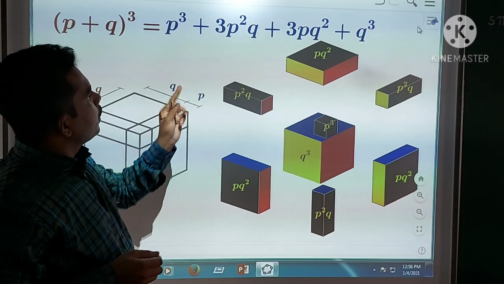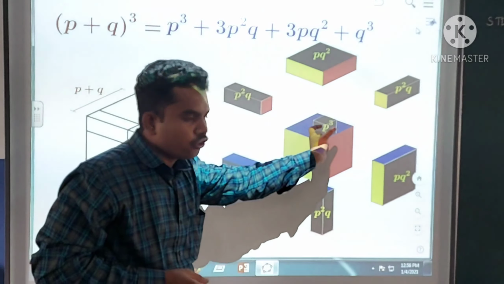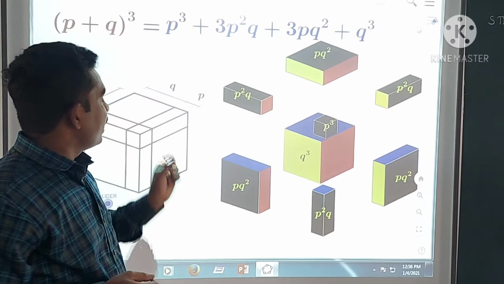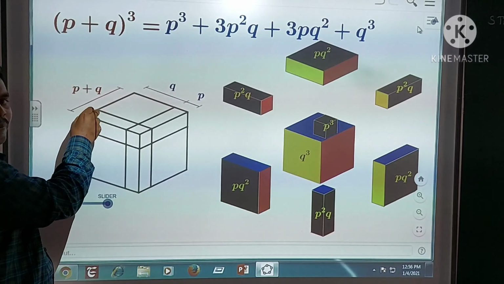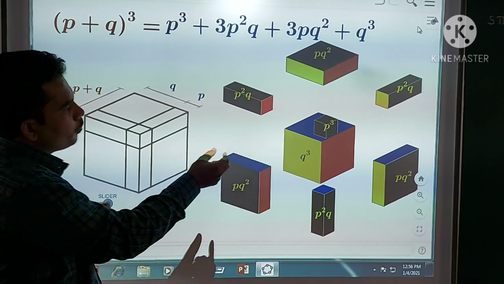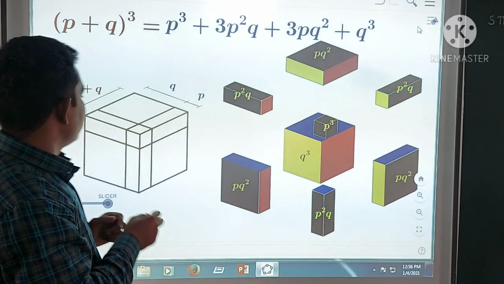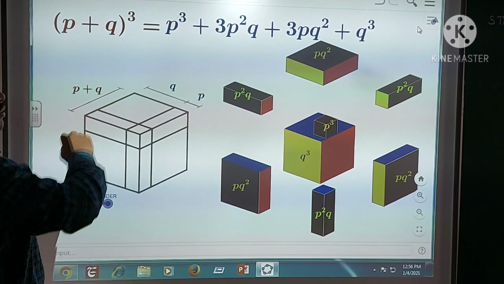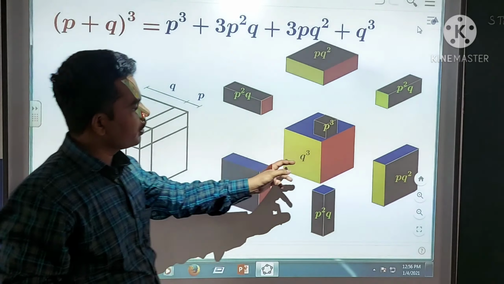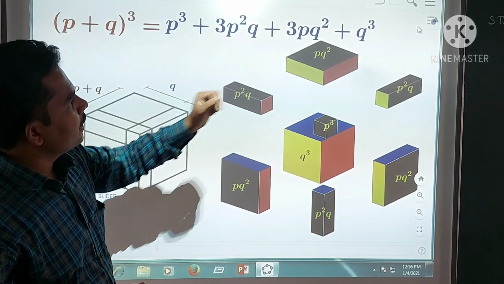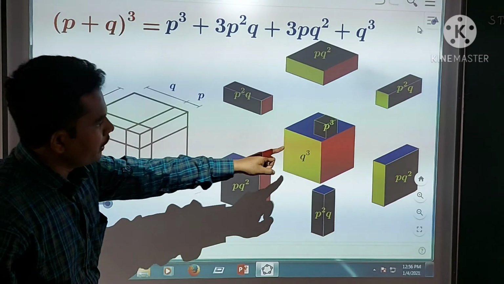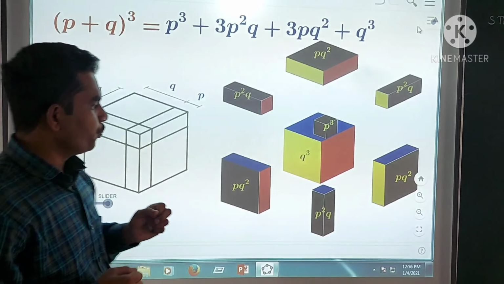Okay, here p cube is the small cube. Why? In the beginning we will take p as a small value. So the cube has p cube. Next q has a bigger value. So the cube has q cube. Okay, so here is p cube, and this is q cube.